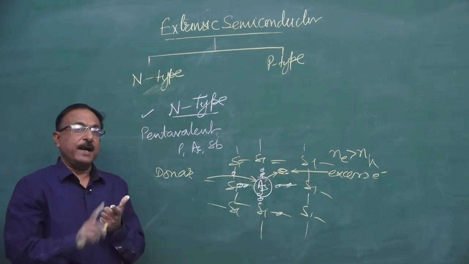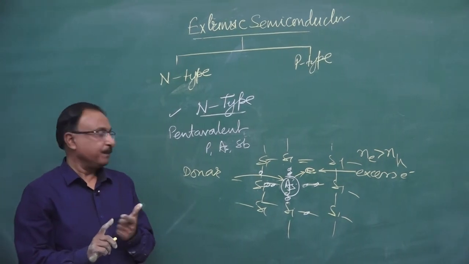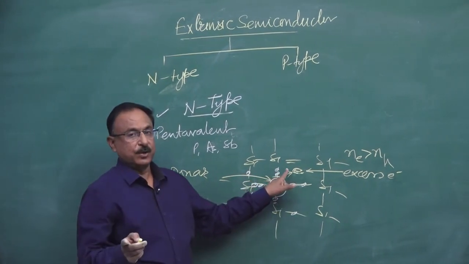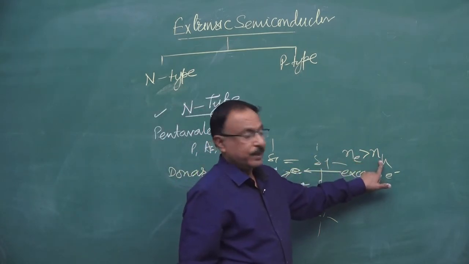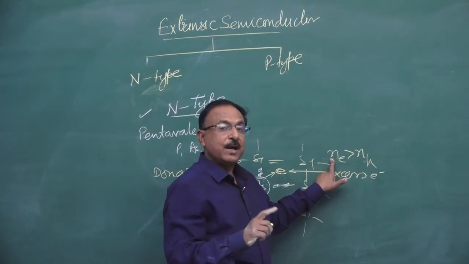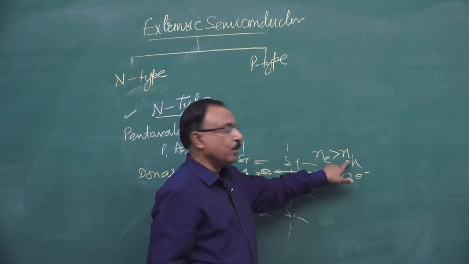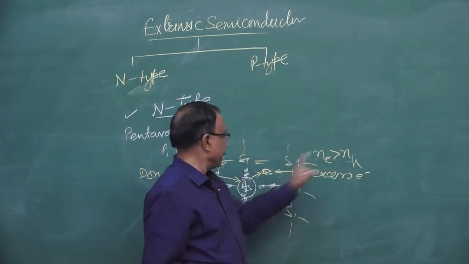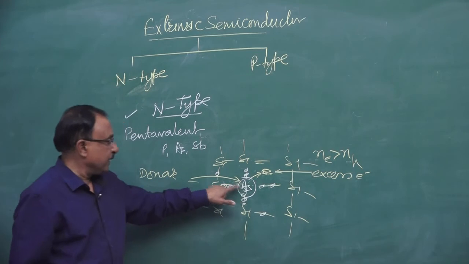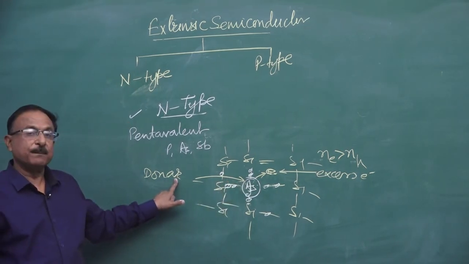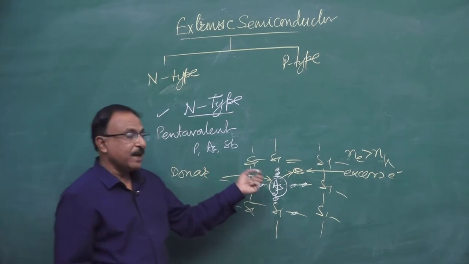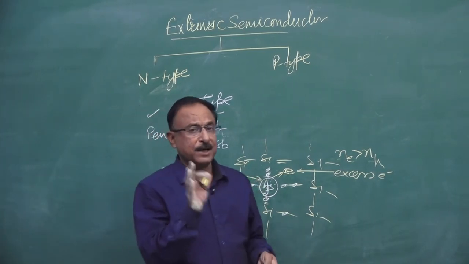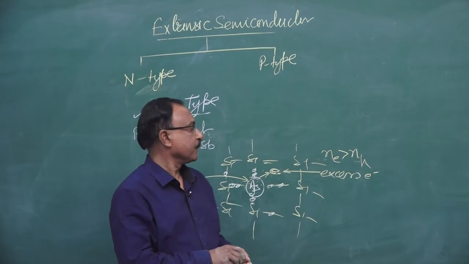So with one atom of the donor impurity, we get one excess electron available. So electron density increases relative to the hole density. We say electrons are now in majority while holes are in minority. This impurity is called a donor impurity because it has donated one electron. These impurities are added in very small amounts, parts per million, ppm.